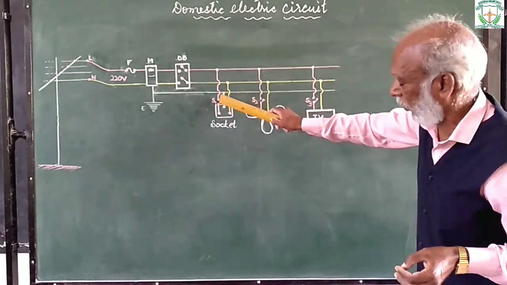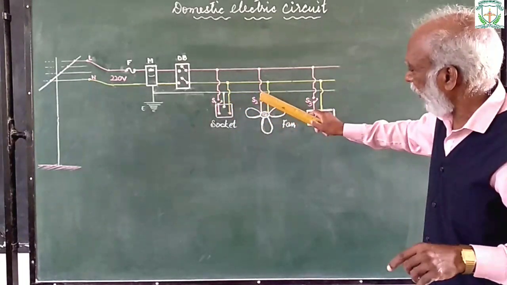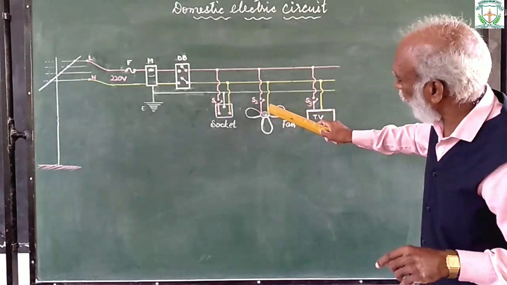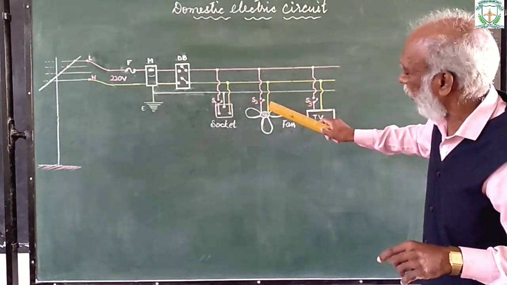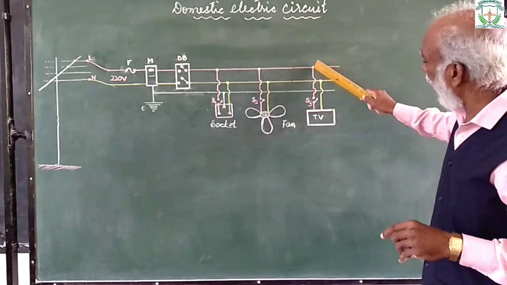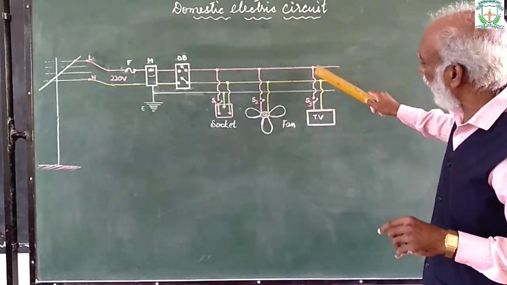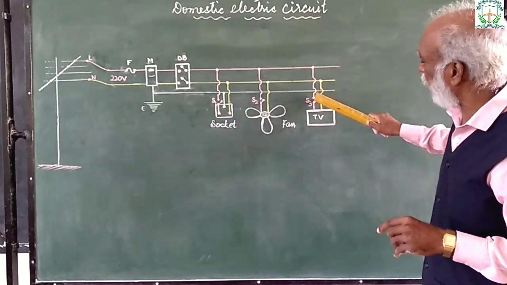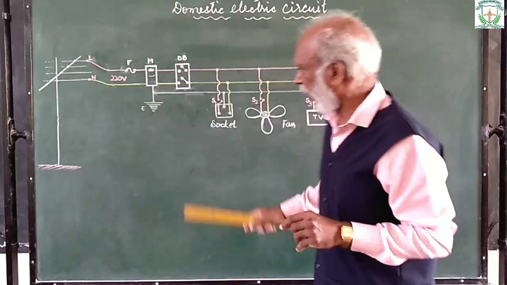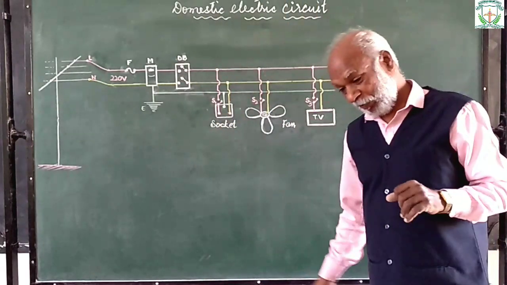Here also you have a switch for the socket. Through a switch, neutral is connected to the fan, and it spins. Same way, the TV, the live is connected to the TV through a switch and the neutral is directly connected. This is how the connections are made.